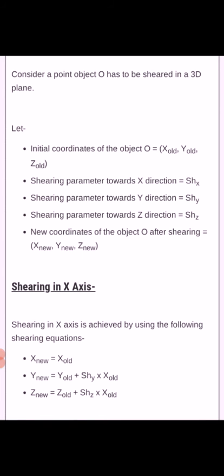Then coming to the z coordinate, z new equals z old plus shz into x old. The old coordinate is added with the multiplied value of x old and the shearing parameter towards z direction.